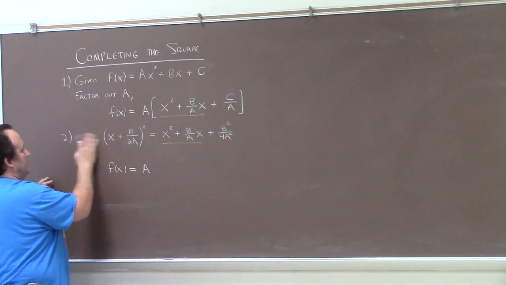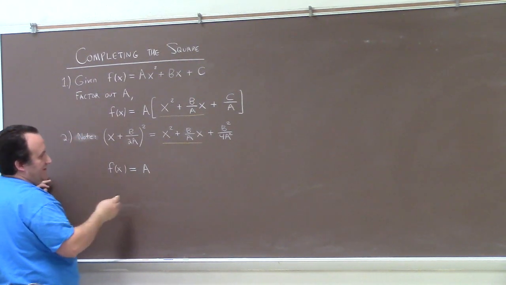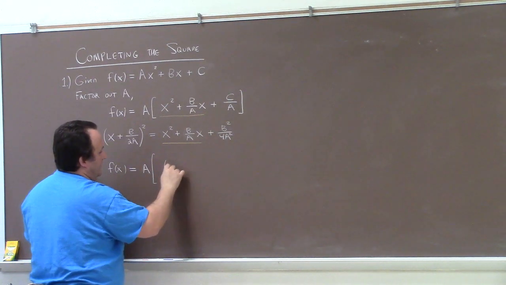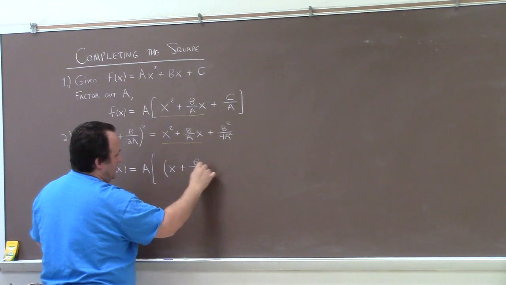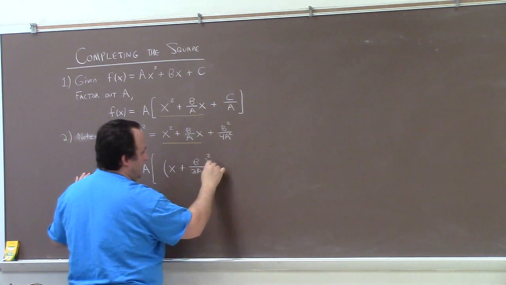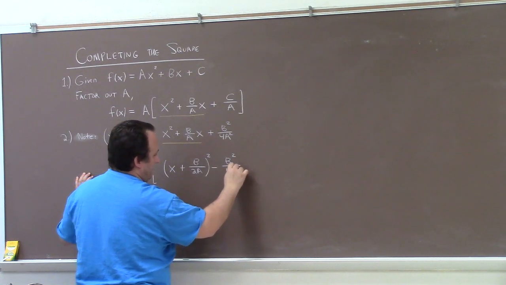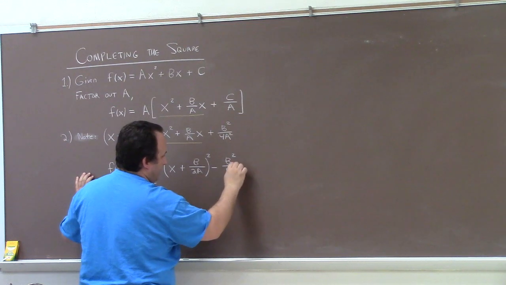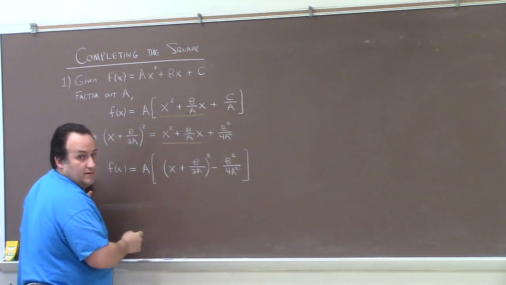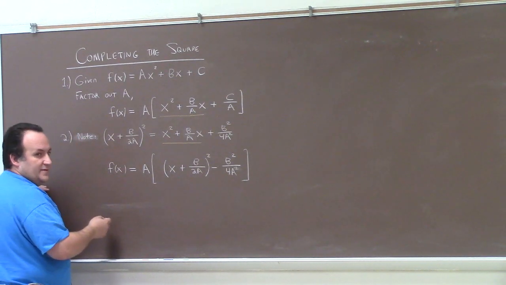Note, or observe, whatever you like: this is really x plus b over 2a squared minus b squared over 4a squared. I will slow way down once we get to the examples, but I'm going to move on here.